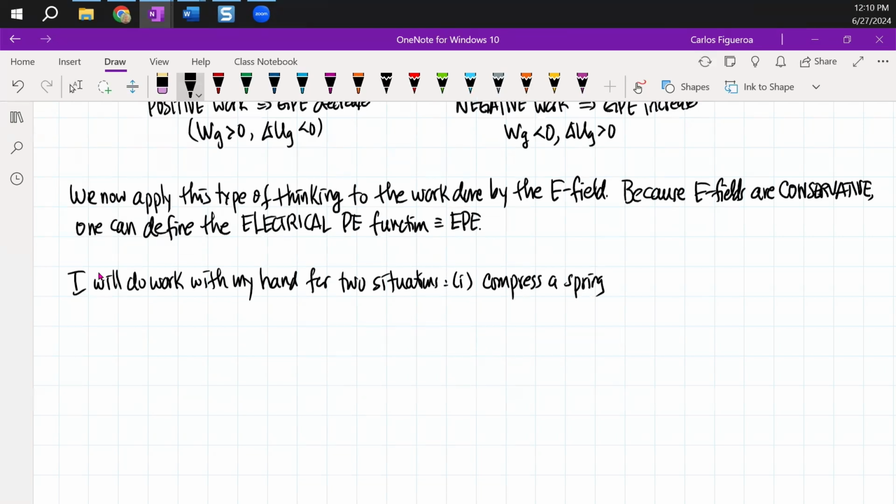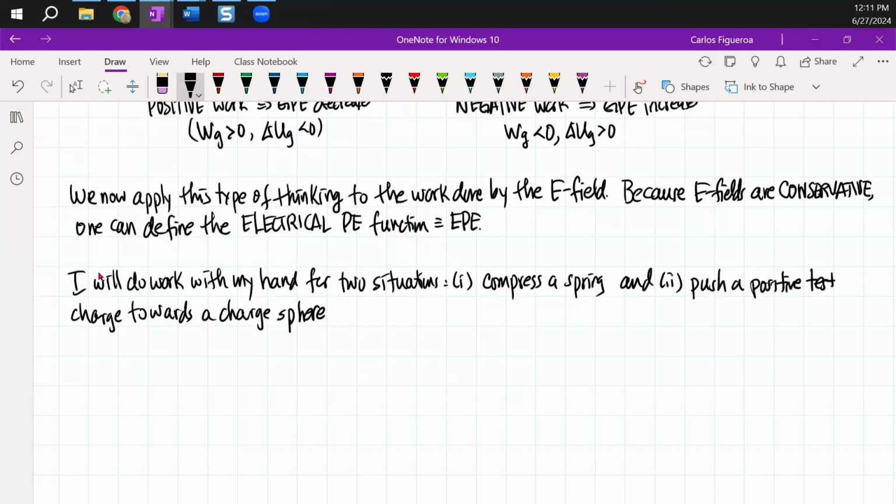And two, we're going to push a positive test charge towards a charged sphere. And they're both identical in how you should think about it.